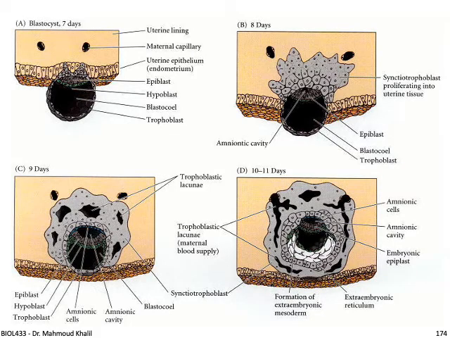The embryo is now more developed inside the endometrium and starts to get supply from the maternal side, and you can see the maternal blood supply from the trophoblastic lacunae. You can see as well the embryonic epiblast, the amniotic cavity and the amniotic cells.